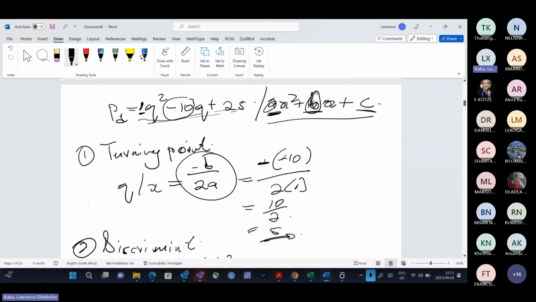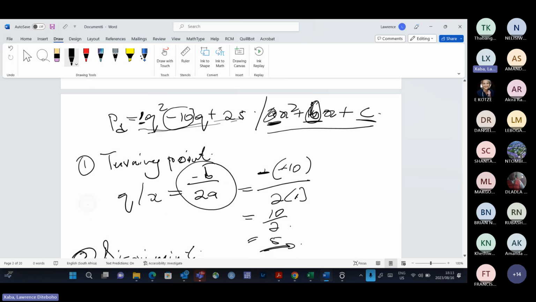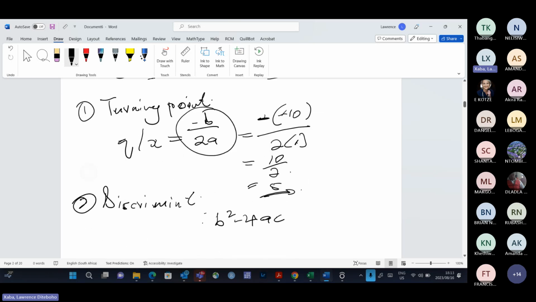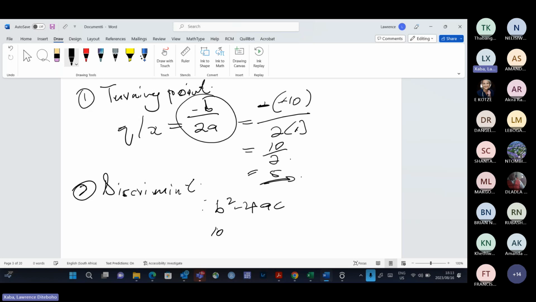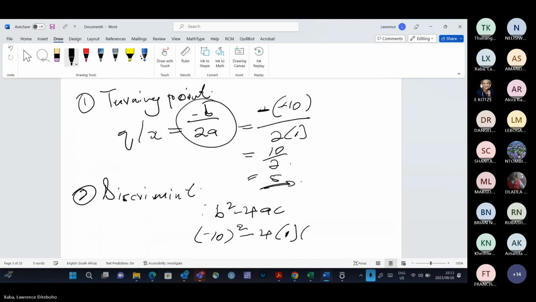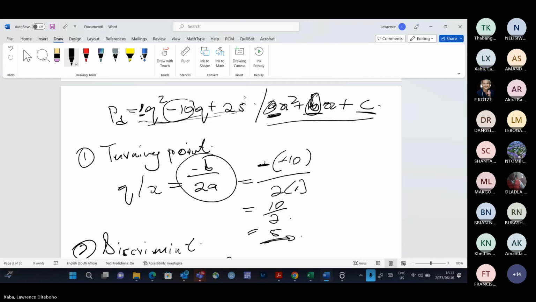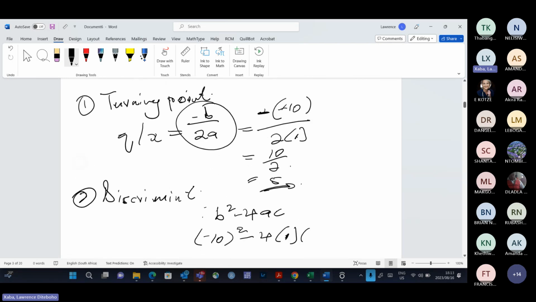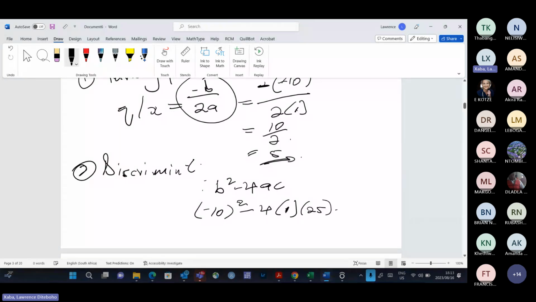So we can see that our B there is negative 10. And we say, okay, negative 10 squared minus 4, open brackets, we have our 1 representing our A there, then we have our C, which is our intercept there, which is 25.